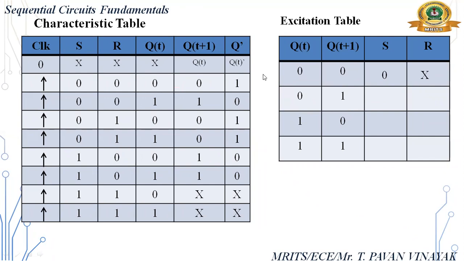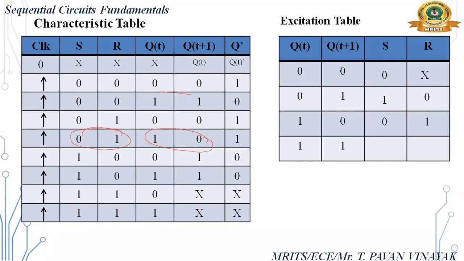Next, find out 1 0 from characteristic table. There is only one way, and the output is 0 1. So S is 0, R is 1.